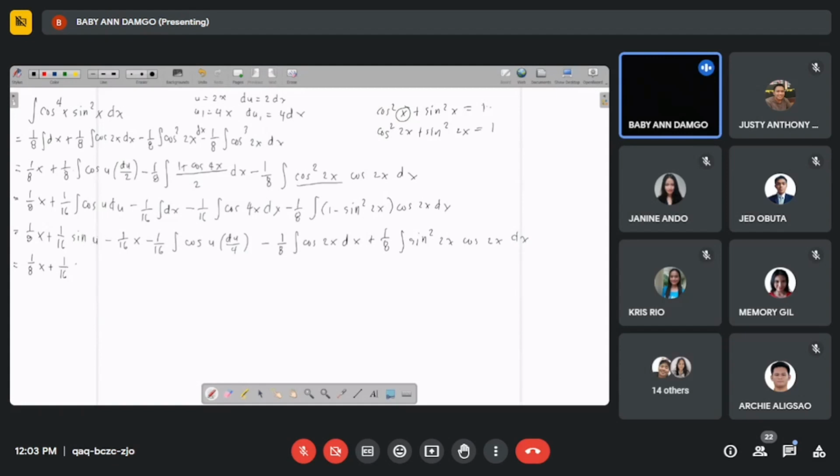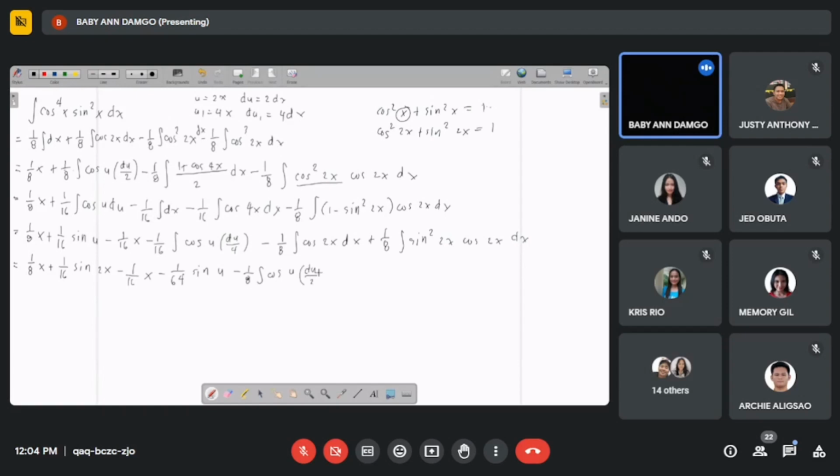So this is equal to 1 over 8x plus 1 over 16, where u is equal to 2x, minus 1 over 16x minus 16 times 4, we have 64. The integration of cosine u du is sine u. Let u be 2x, so we have cosine u and our dx is du over 2.